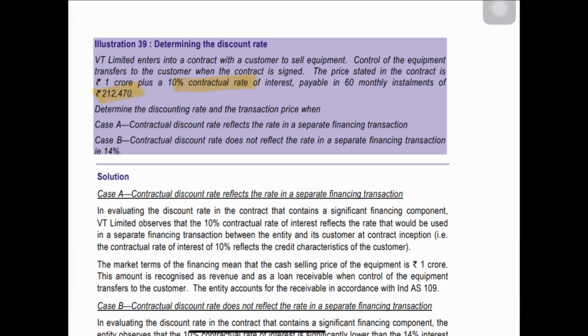Now we have to determine the discounting rate and the transaction price. Case A is when the contractual discount rate reflects the rate in a separate financing transaction, and case B is when the contractual discount rate does not reflect the rate in a separate financing transaction, that is 14%.